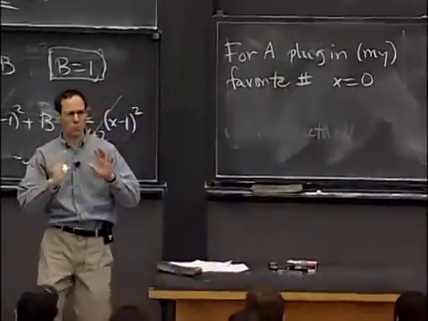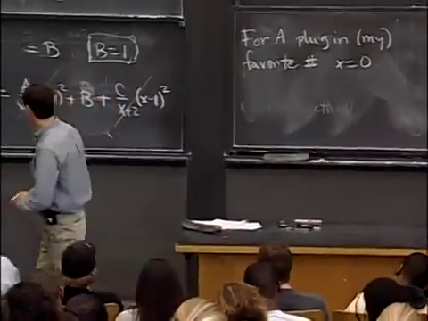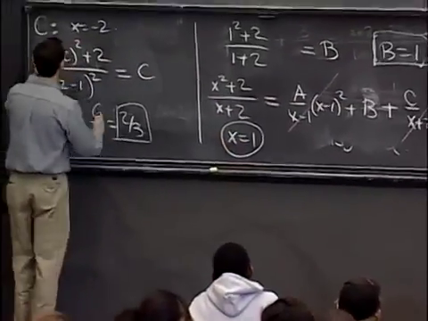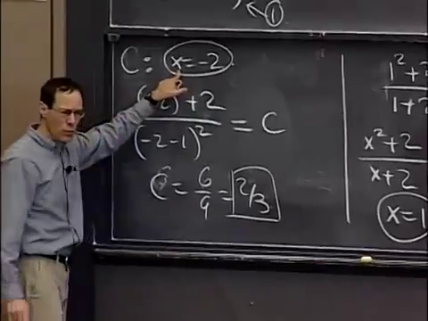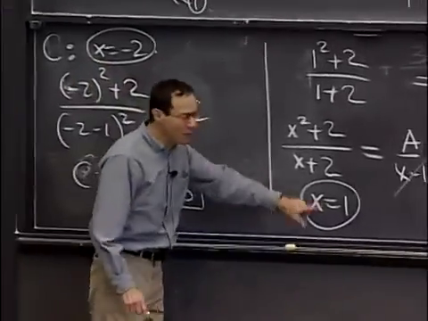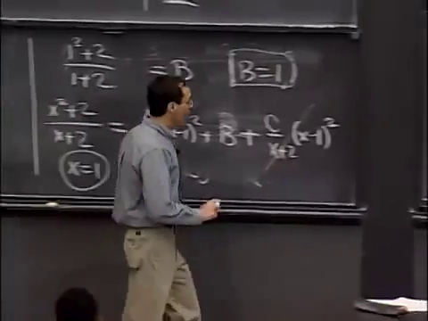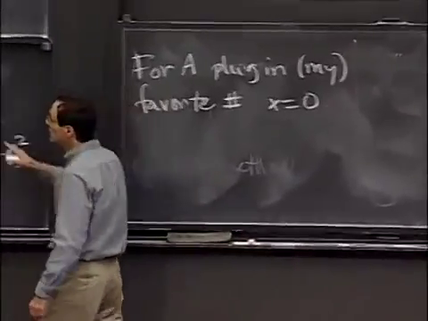And you won't be able to plug in x equals 0 if you've already used it. Here, the two numbers we've already used are x equals 1 and x equals minus 2. But we haven't used x equals 0 yet, so that's good.